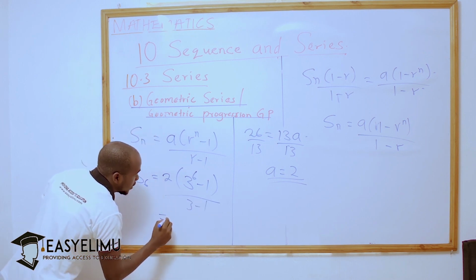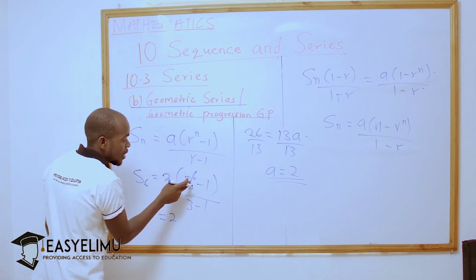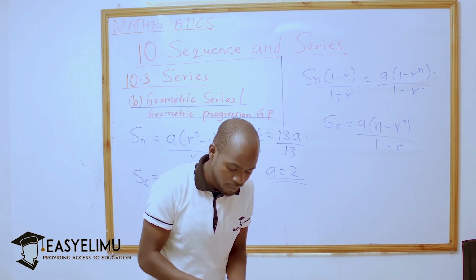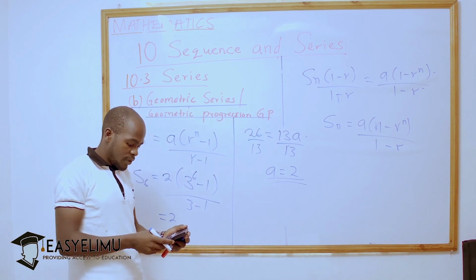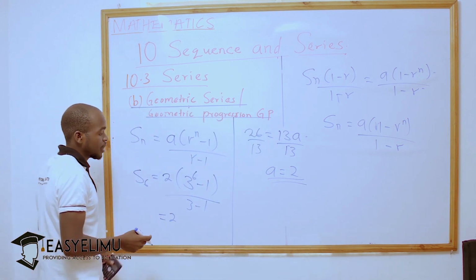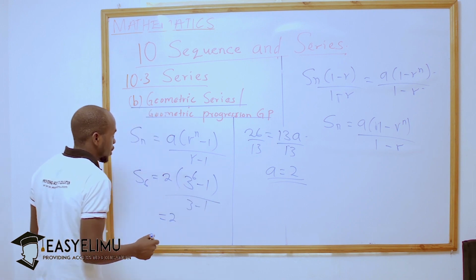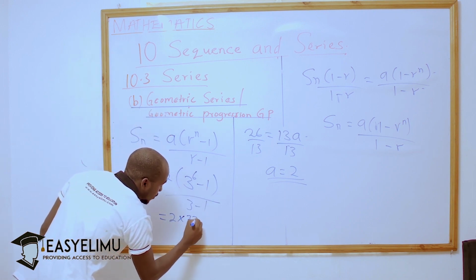This is the same as 2 multiplied by 3 raised to 6. 3 raised to 6 you are going to get is 729 minus 1, 728. So you are going to multiply by 728.